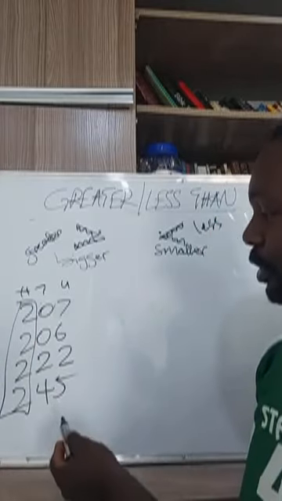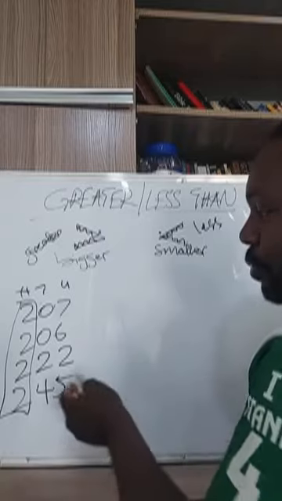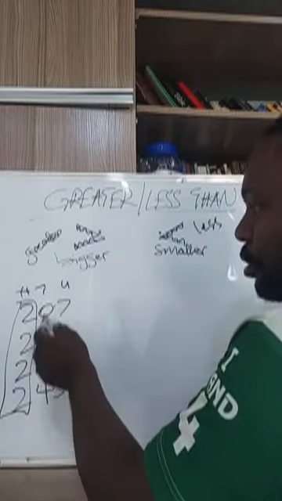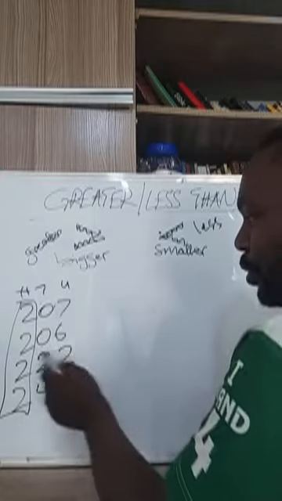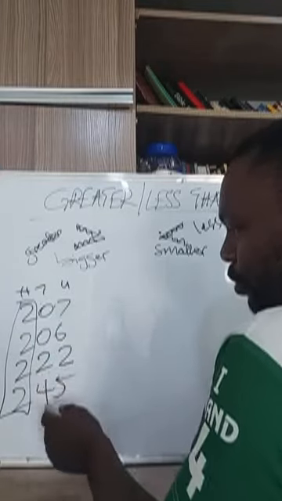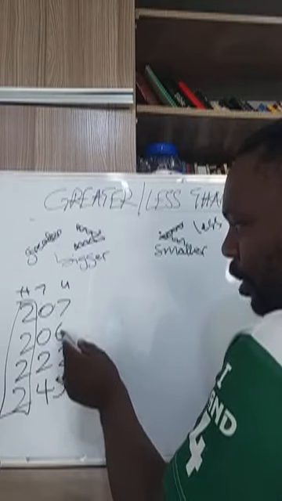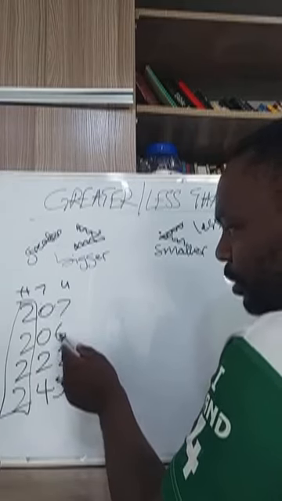If you're arranging from the smallest to the biggest, which is the smallest number here? You look at this 0, 0. These will be the smallest numbers, and these ones will be the biggest. So you go to the units. This is smaller because 7 is bigger than 6, so 6 is the smallest number.